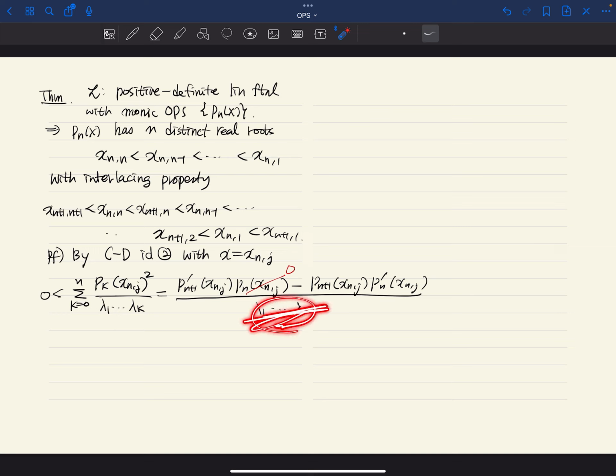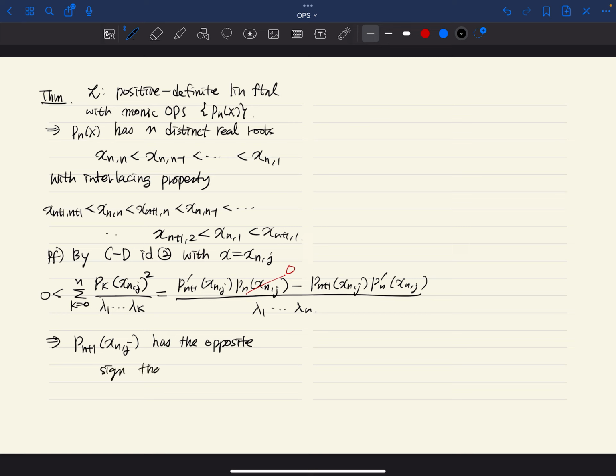So we can forget about this, and this is negative, so that means p_{n+1}(x_{n,j}) has the opposite sign. So their signs are different, all right?